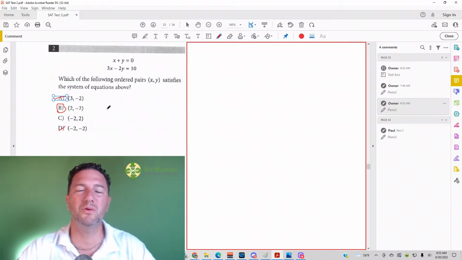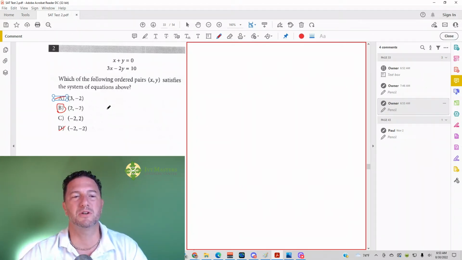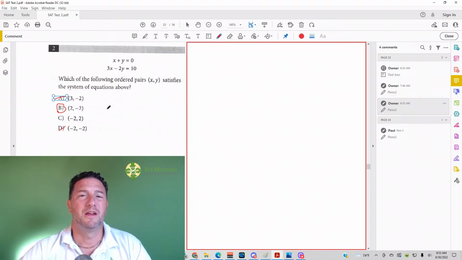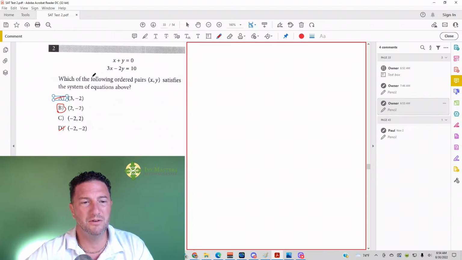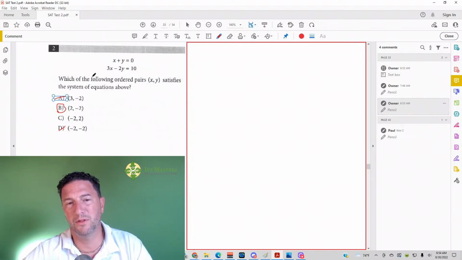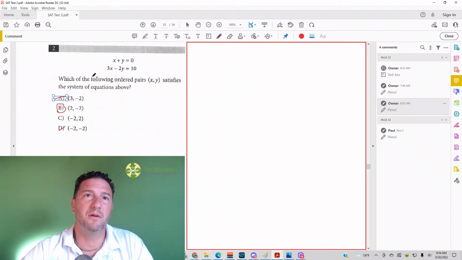Now, how do you eliminate or substitute? Those are the two ways to do a system of linear equations. And there's a little checklist of questions that I recommend students go through in order to decide whether to substitute or eliminate. Substitute, if you remember, you get a variable alone, and then you solve for the other variable.